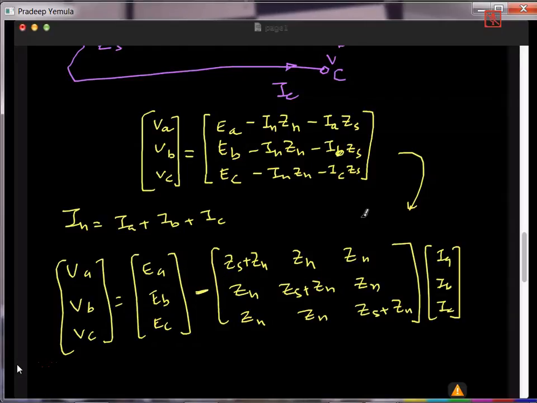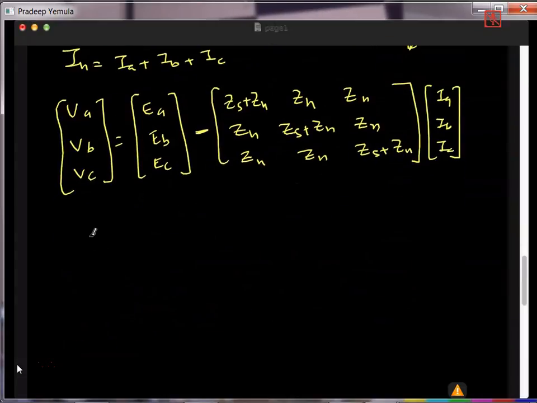I am showing you this short derivation so that you get an idea of how to derive the sequence component networks. Now I will use some short notation. Let's denote it as VABC equal to EABC minus ZABC into IABC.